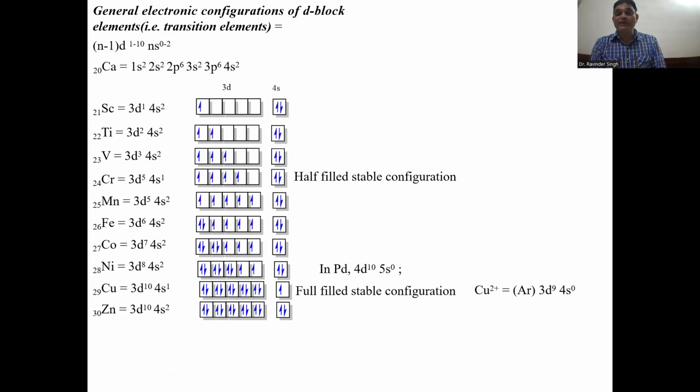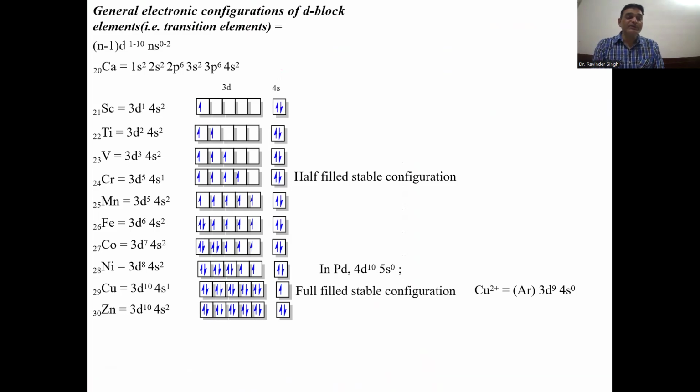If there is any possibility of losing an electron, electrons will first be lost from the valence 4s and not from the 3d. So the electronic configuration of the Cu plus 1 ion will be 3d10, because the one electron which will be lost is from the 4s and not from the 3d.